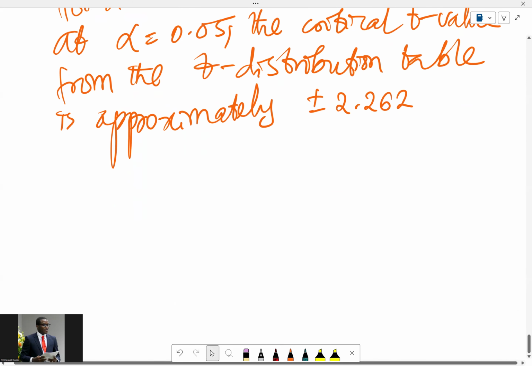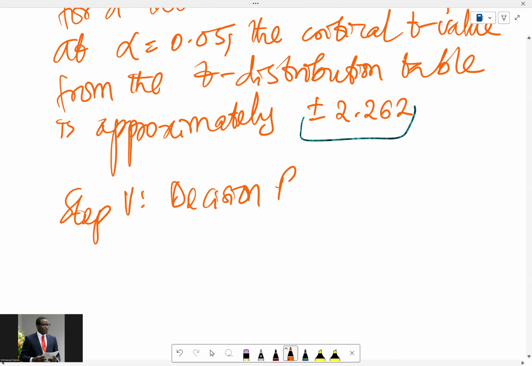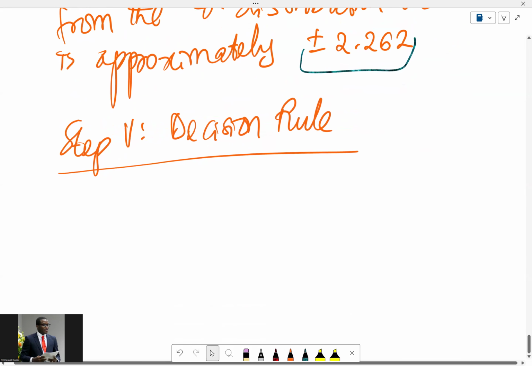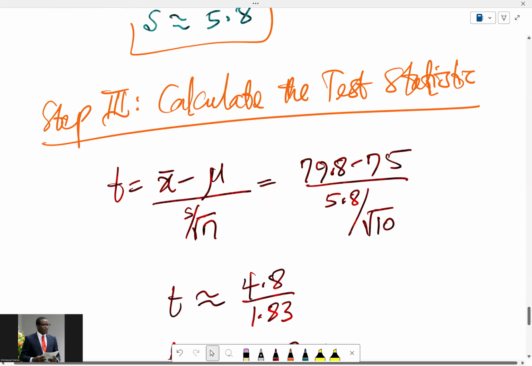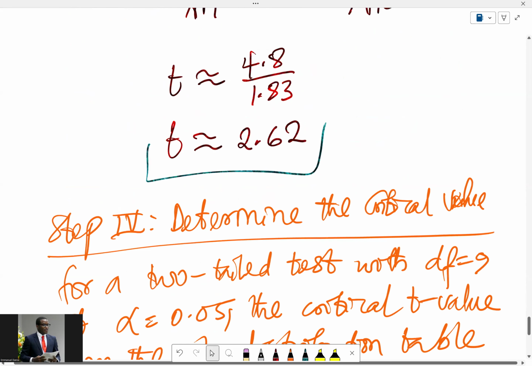So then we go for step 5 now. So the critical value is this now. For step 5, we check the decision rule. Here we see that the absolute value of the test statistic we actually got, we have 2.62.